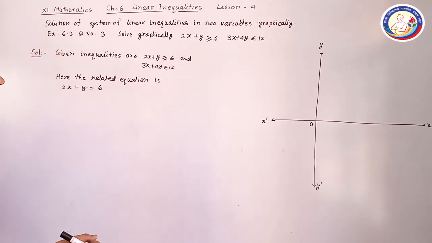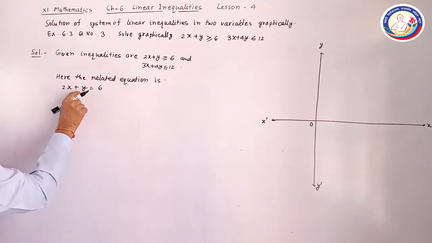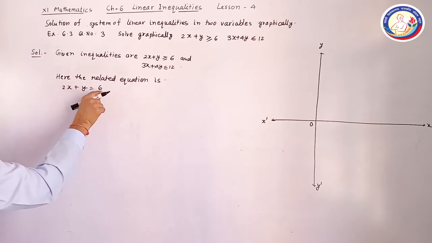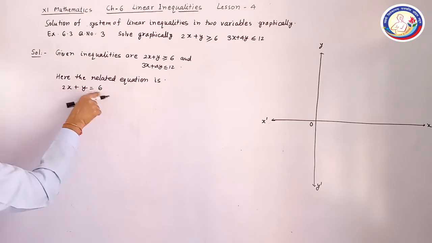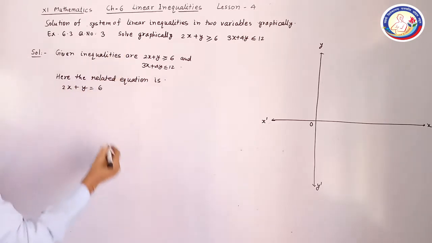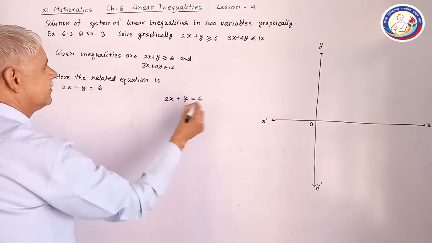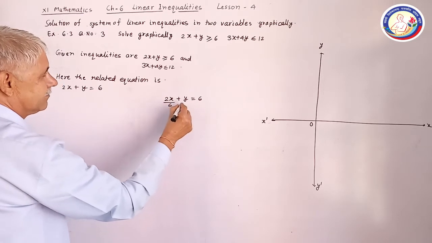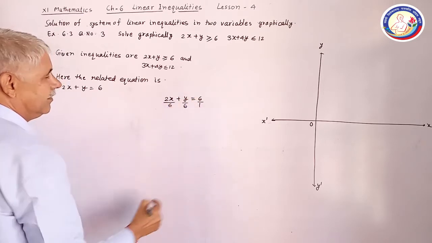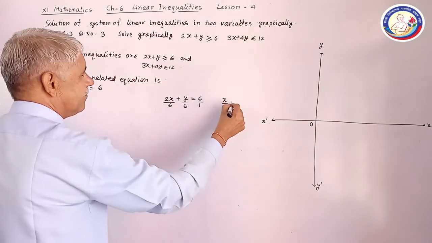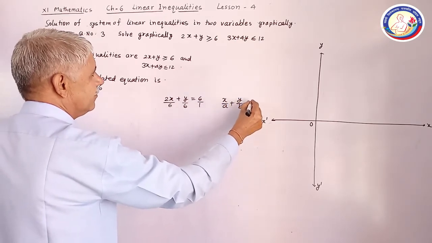I have told you one way in the last lesson: we can change this equation into intercept form. If the coefficients of x and y divide the constant, here 2 divides 6 and 1 divides 6, then we can change this equation, 2x plus y equal to 6, by dividing each term by 6, into the form x upon a plus y upon b equal to 1.